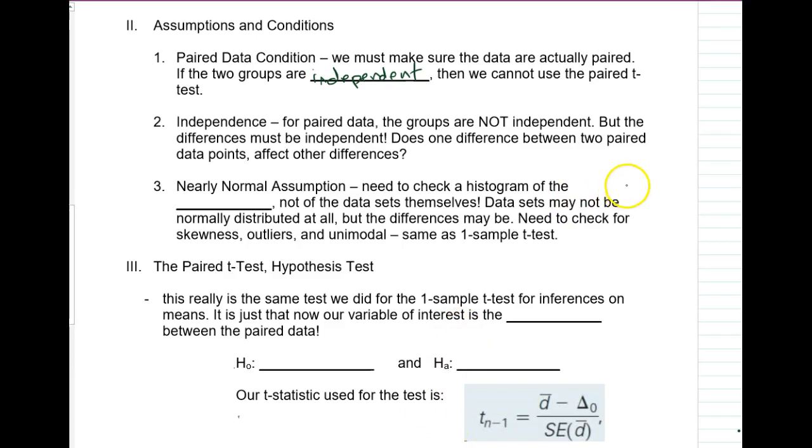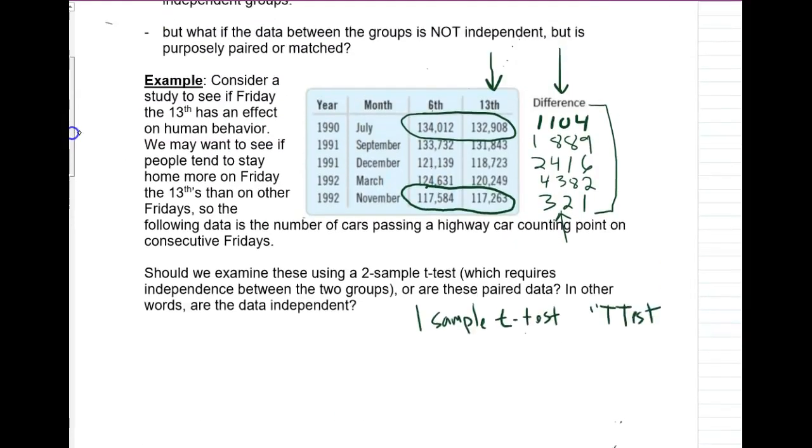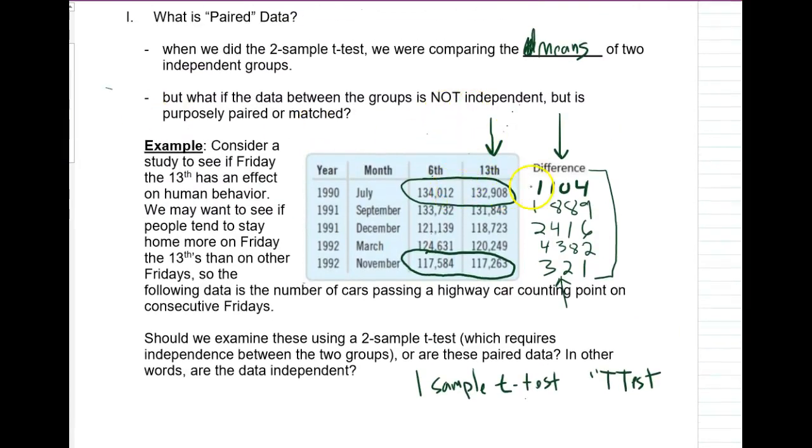All right, so the other assumption that we also have to look at is independence. For the paired data, the groups themselves are not independent, but what does have to be independent are the differences in each one of the pairs. So we have to ask, would this difference, this 1104, be connected to any other particular day?